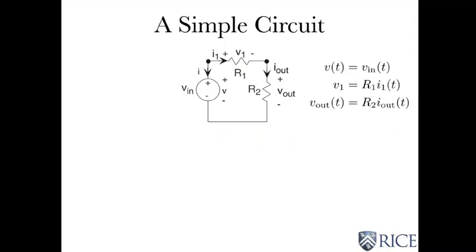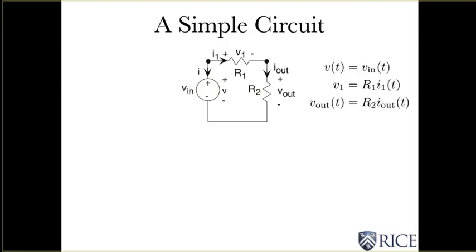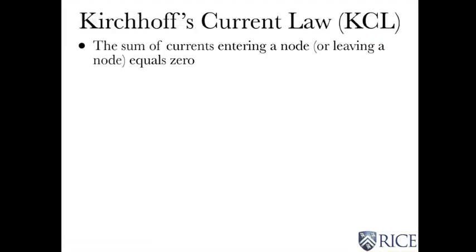I'm calling the voltage across R2 our output, just because I wanted to. Here's the VI relation for the source, and here it is for the two resistors. Of course everything could be a function of time, as I've indicated. But 3 equations isn't 6. We need 3 more, and that's where the interconnection laws come in.